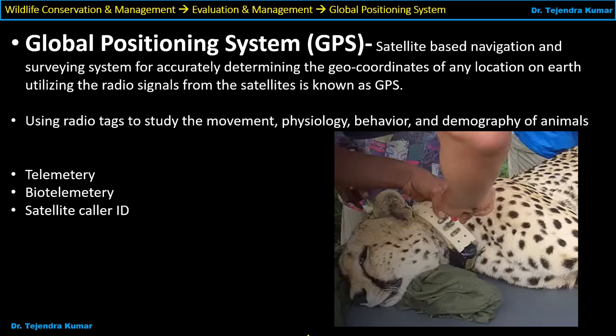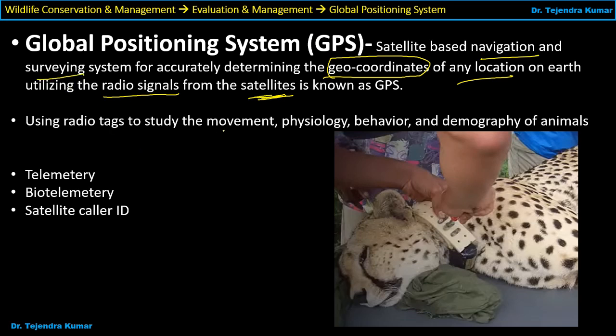So we are using the geo coordinates, first thing, for any location, and using the radio signals from the satellites. These things are important in this way, and then we can identify anything like navigation, movement, survey, or everything.